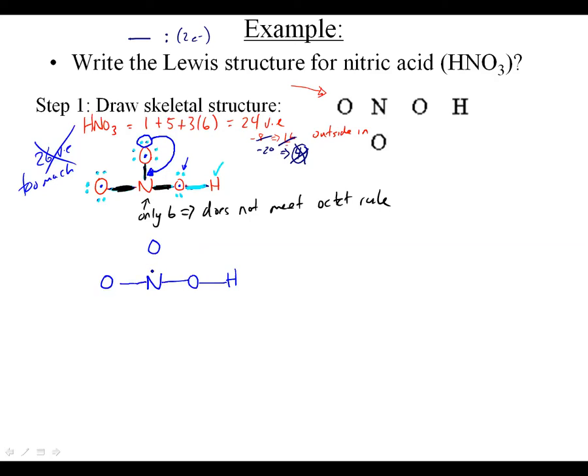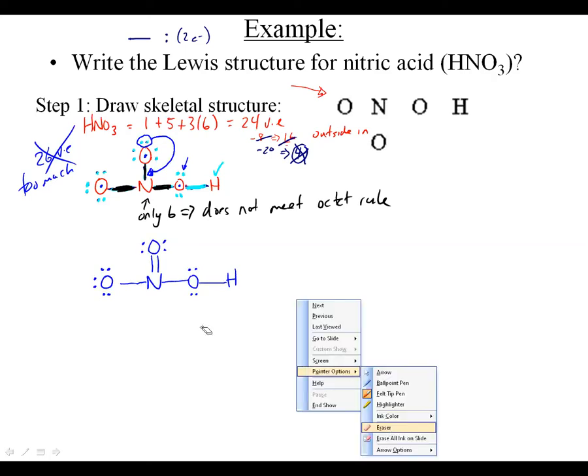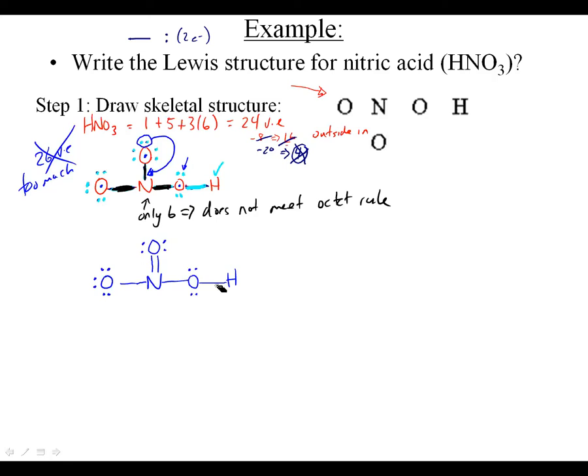Now we move that line in to make the double bond. That will leave us with just the 2 electrons that are up on our top. We will have our 2 electrons over here still because we didn't touch them, and our electrons over here because we also didn't touch them. We will end up with this structure right here, where we have for the hydrogen 2 electrons, oxygen 2, 4, 6, 8 electrons, nitrogen 2, 4, 6, 8 electrons, oxygen 2, 4, 6, 8, and this oxygen 2, 4, 6, 8.